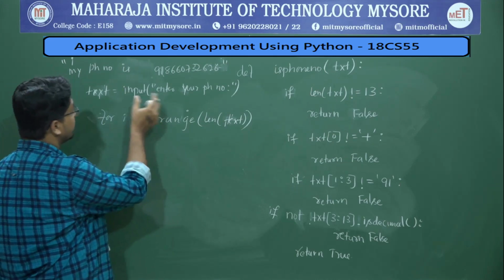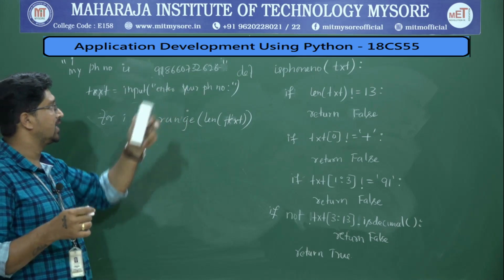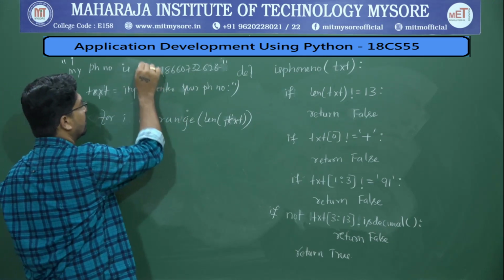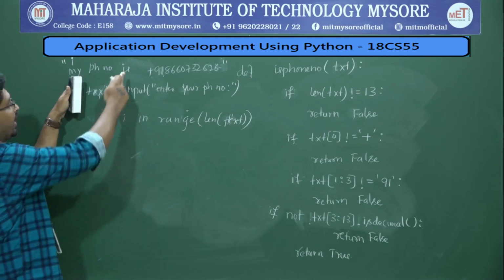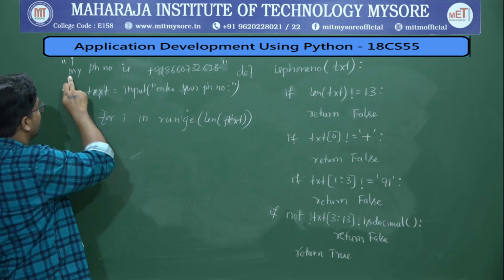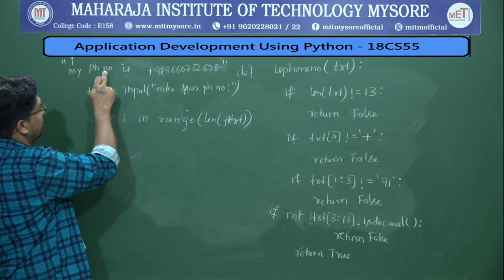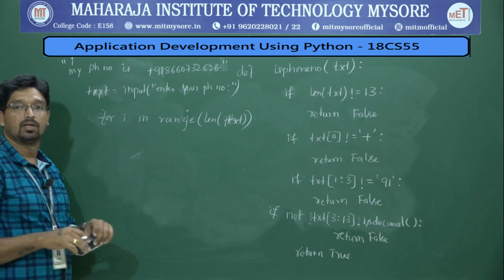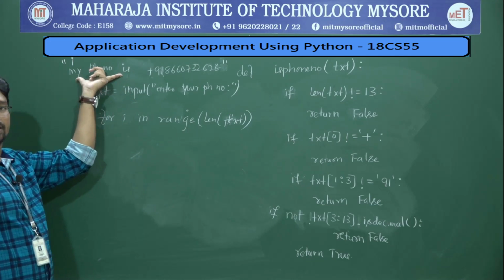Next, I should get 13 characters. Look, my phone number is 13 characters in length, plus 91, 13 characters. So if I start from here, I need to consider the first 13 characters, including this, my space ph no, like this. Correct. So first I will consider the first 13 characters.